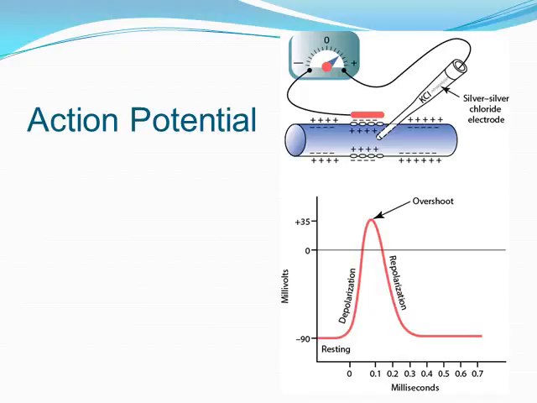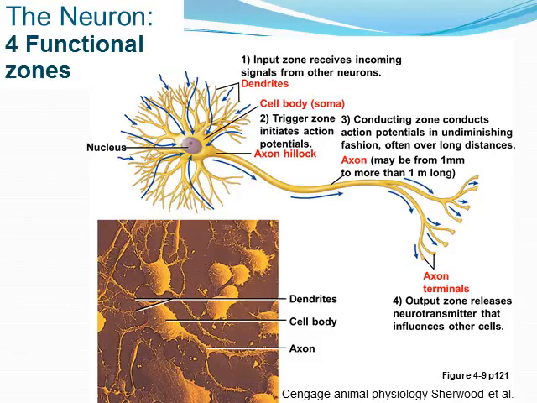So the diagram on the right is showing how we would measure this, and basically the movement of the membrane potential as you move down the cell. So you're going from a negative to a positive down the cell. Now, I think that this diagram will help a lot because I've already mentioned the axon and propagation of an action potential down an axon.